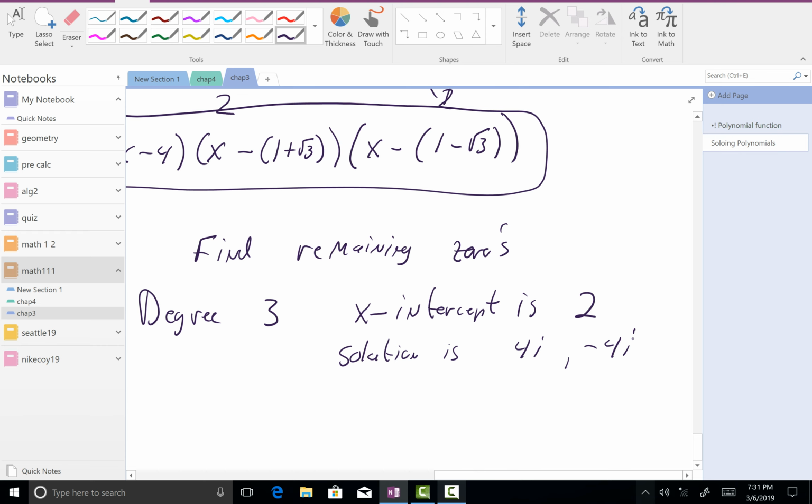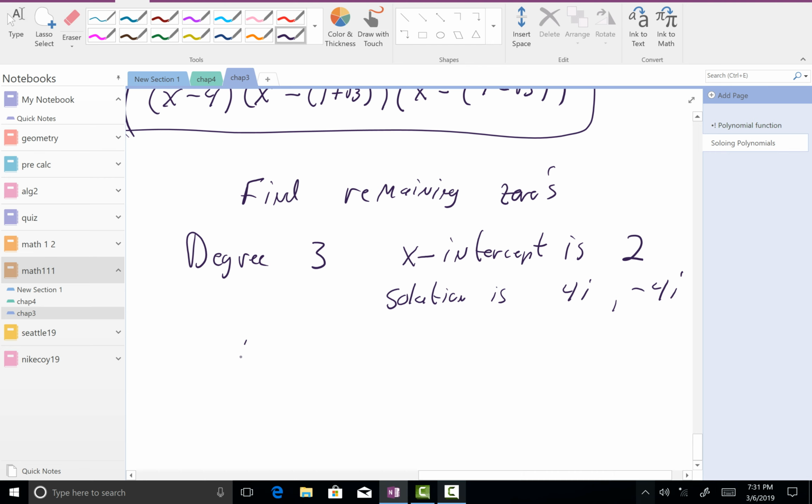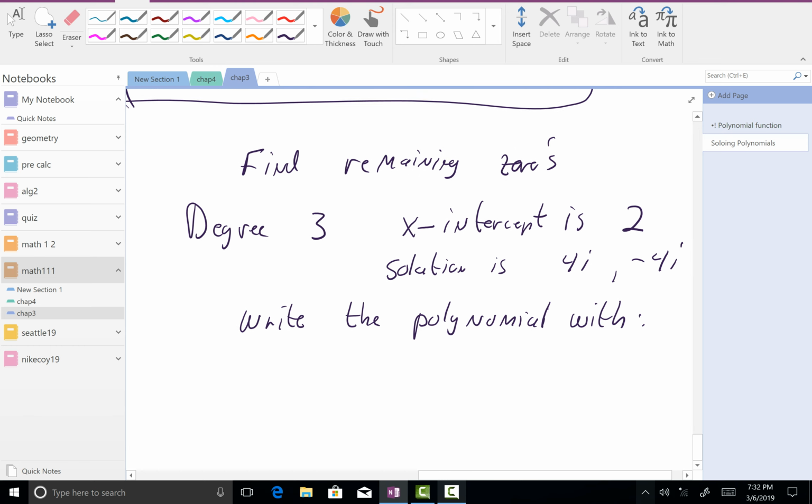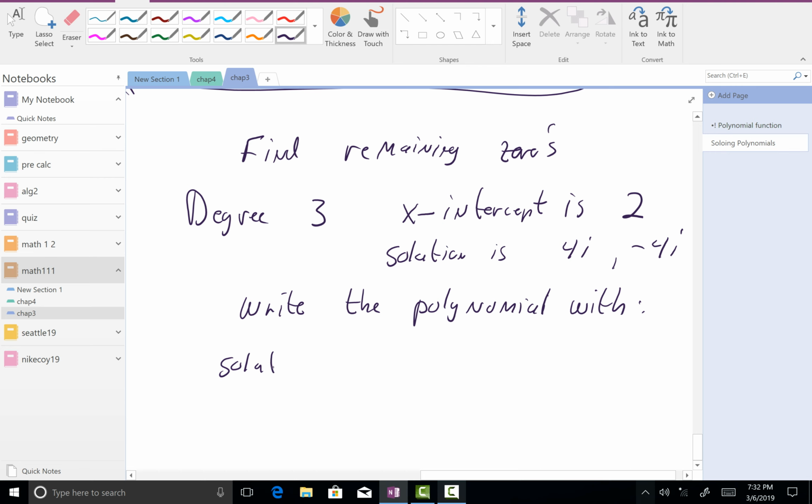Okay. Here is another one. This one's a little different. Write the polynomial with solutions, so here's what they're going to say. 3 with a multiplicity of 2 and 1 plus i.